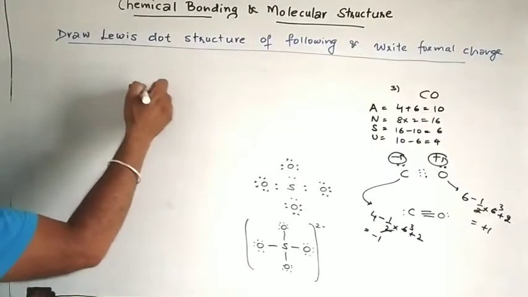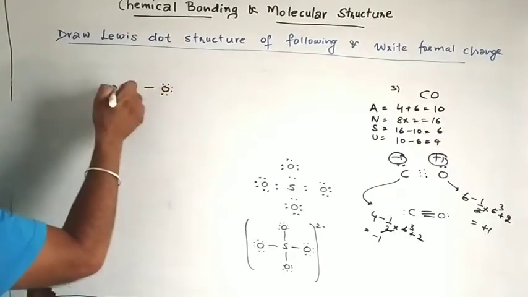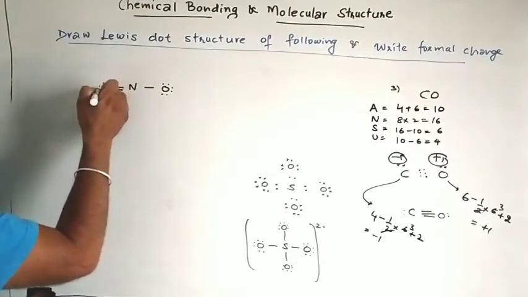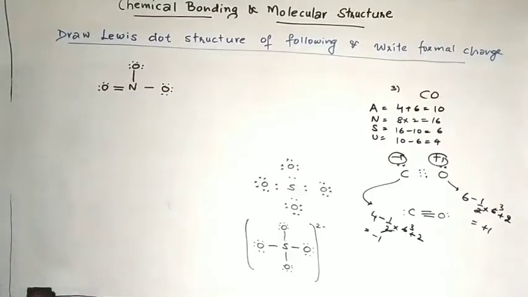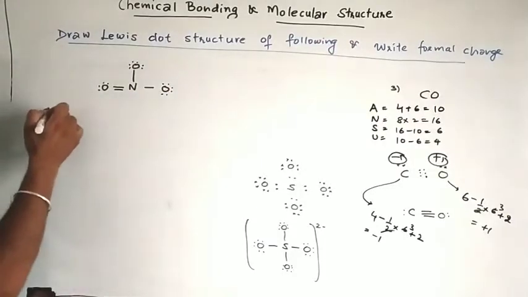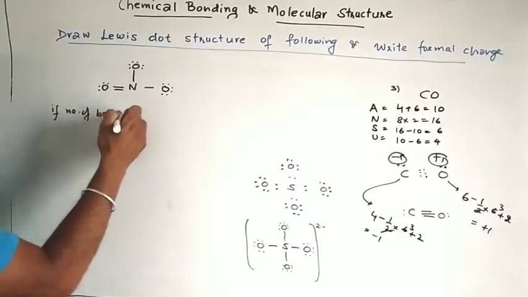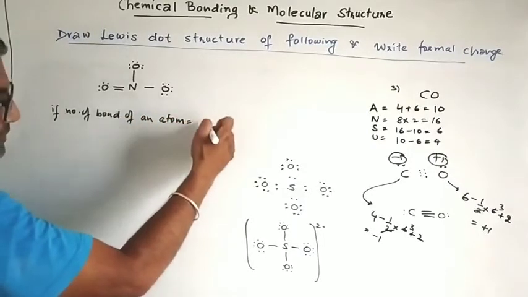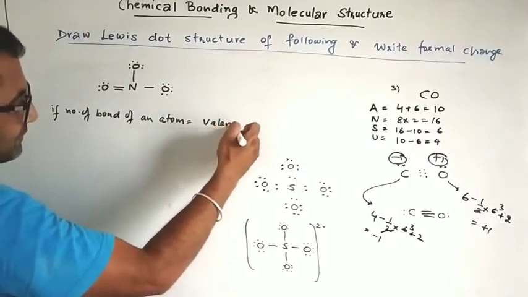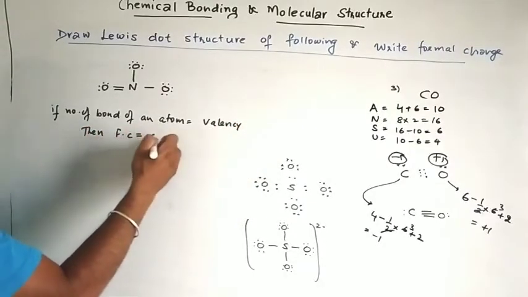This is the structure of the nitrate ion. Now, how will we find it directly? If the number of bonds of an atom is equal to its valency, then the formal charge will be 0.